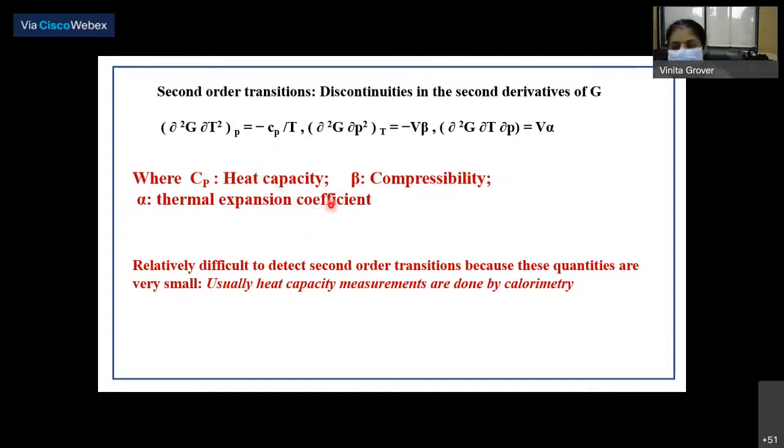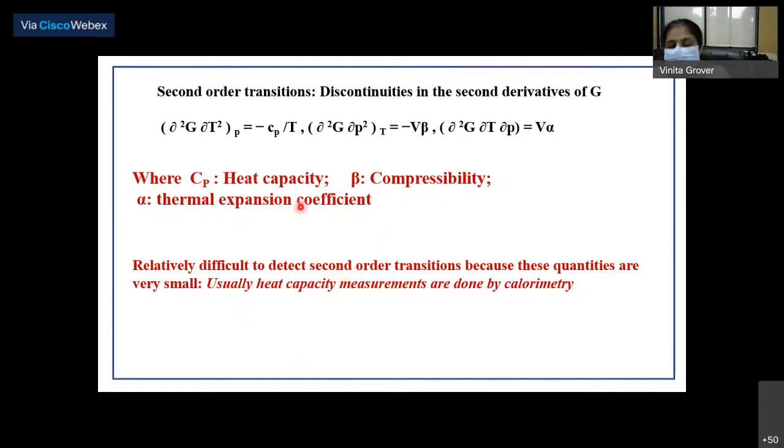And I'm sure most of you would not have measured it or seen this instrument. These values are very, very small compared to volume and heat changes, which means second order phase transitions are relatively difficult to detect because these quantities are very small.